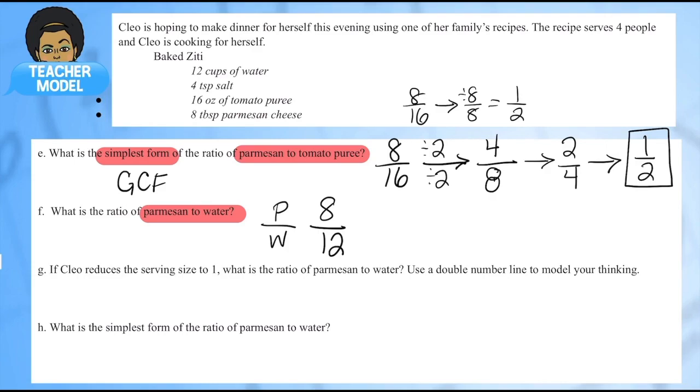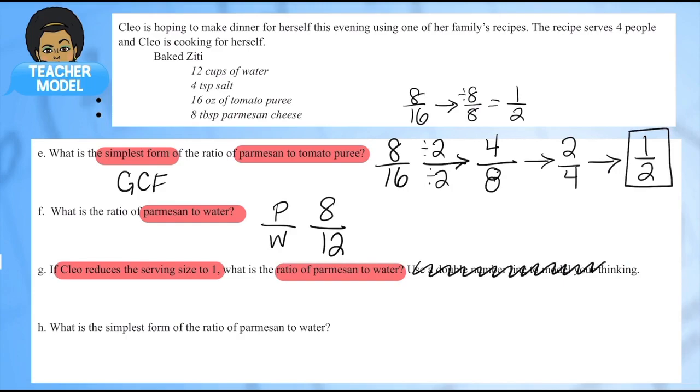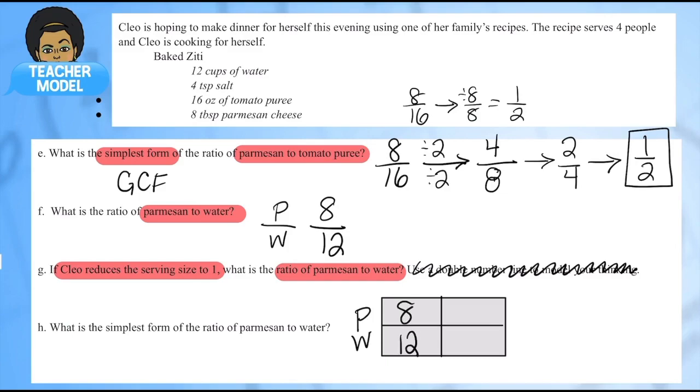And in the next question, it says, if Cleo reduces a serving to 1, what is the ratio of Parmesan to water? I'm not going to use a double number line. I want to use math. I really want to get us into that habit of constantly using math. So again, Parmesan to water, we have 8 to 12.